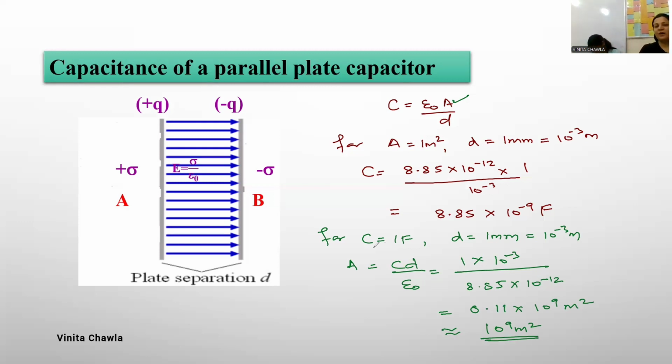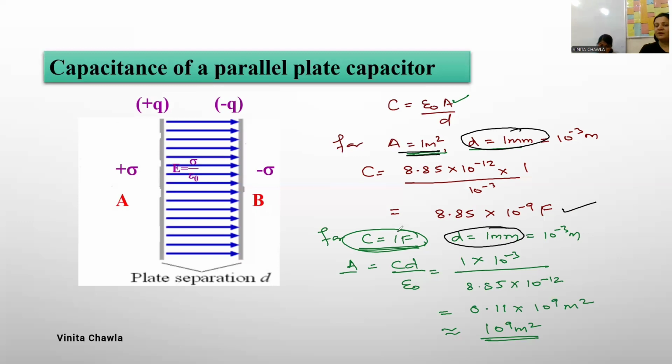See how big is 1 farad? We are getting this much area. 10 raised to the power 9 meter square is a big value. This is what I was trying to show you: in both the cases, we have kept the distance the same, 1 millimeter only. But here we have taken area as 1 meter square and we're getting a capacitance which is quite small.